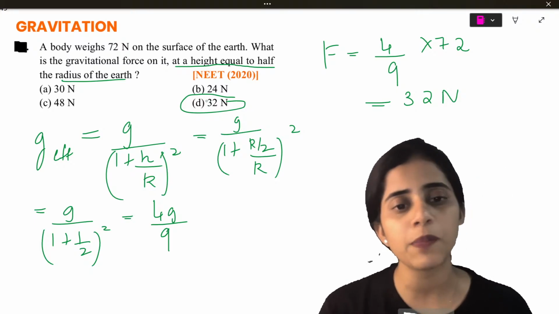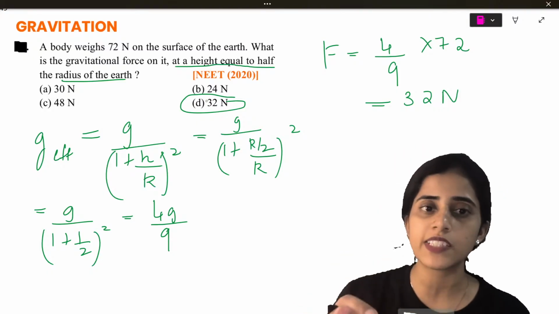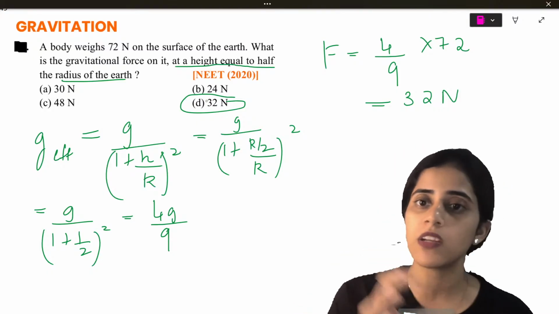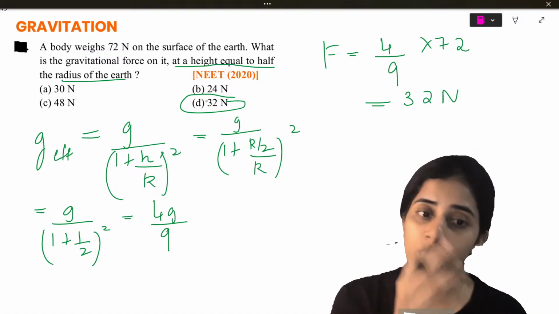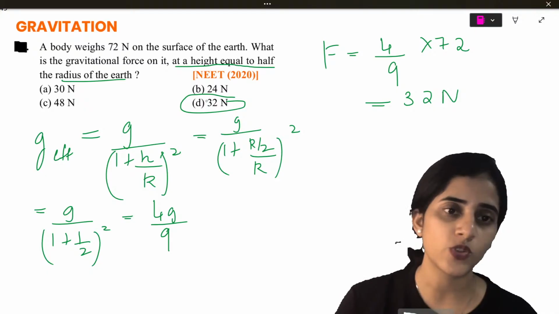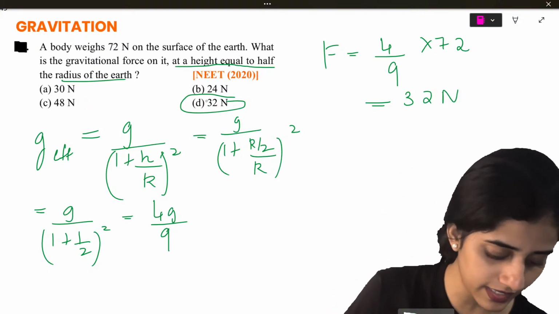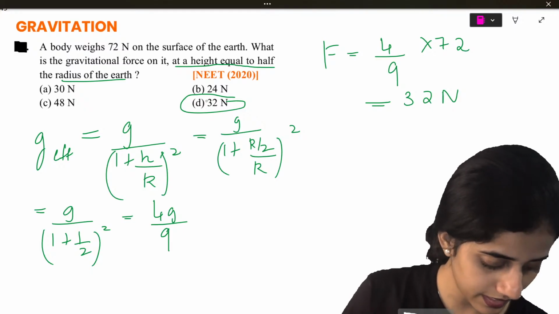So what happens? The gravity becomes 4 by 9 of gravity. At normal gravity, the weight was 72. m into g was 72. Now it becomes 4 by 9 of g. So 4 by 9 of 72. Are you all getting it? Clear?